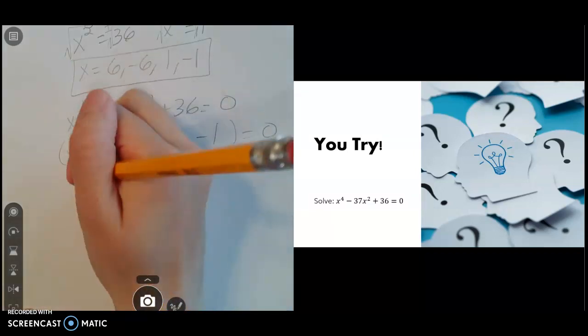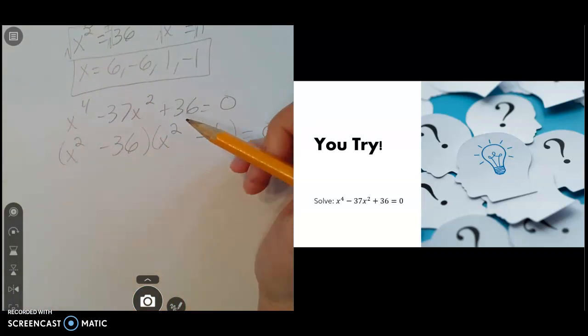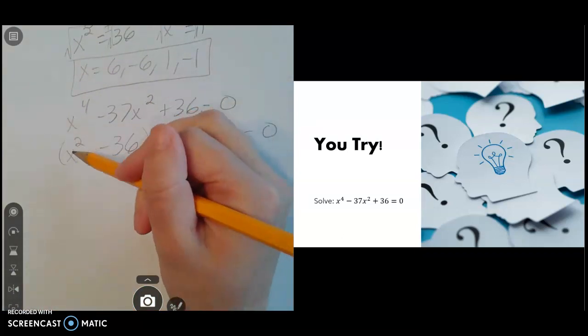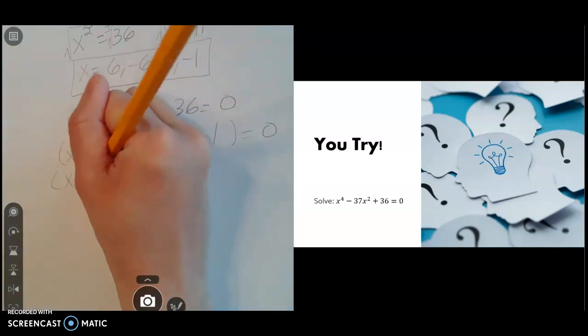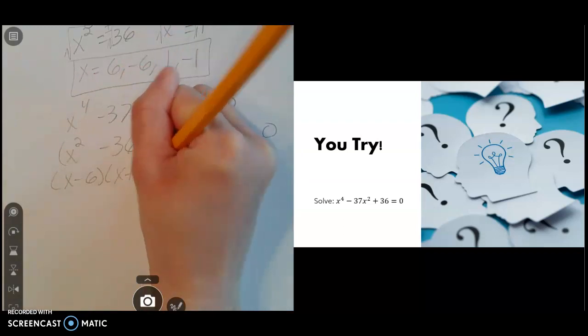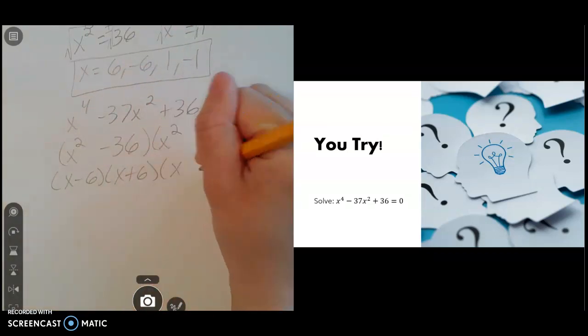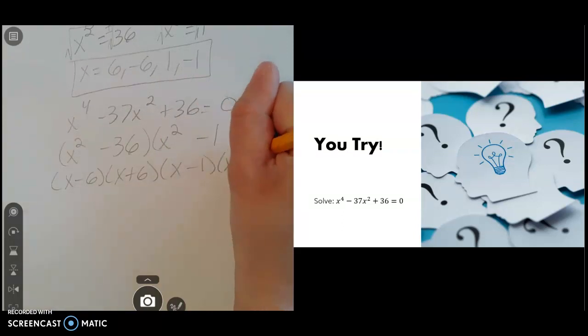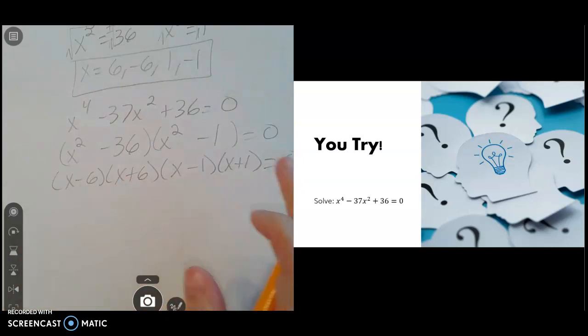And then you could actually keep factoring from here, which is kind of cool if you enjoy factoring, because you have a difference of 2 squares. x squared minus 36 factors as x minus 6 and x plus 6. And x squared minus 1, you could do the same thing. It's a difference of 2 squares that factors as x minus 1 times x plus 1. And then you could set all 4 of your little equations equal to 0.